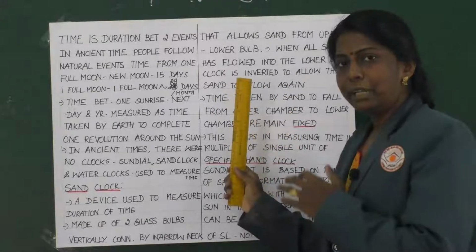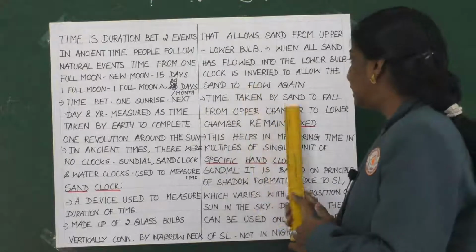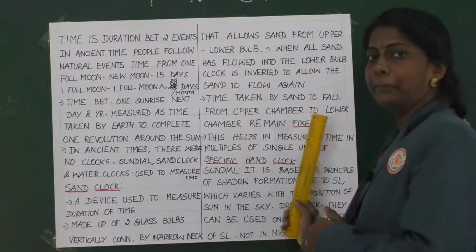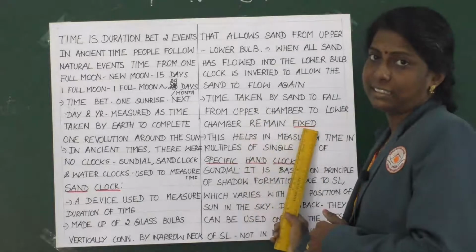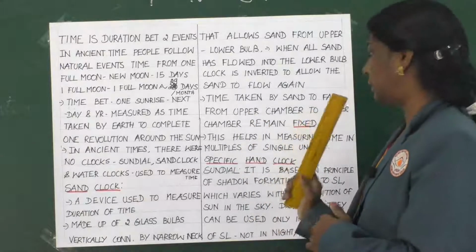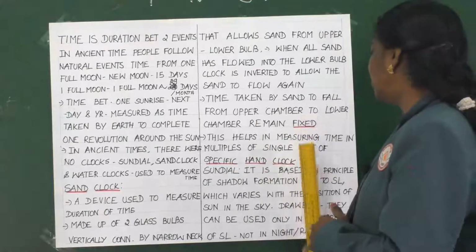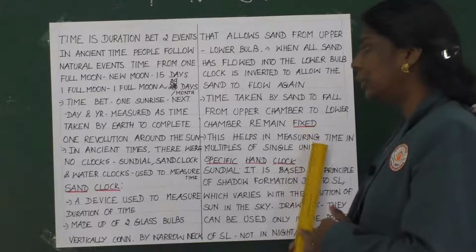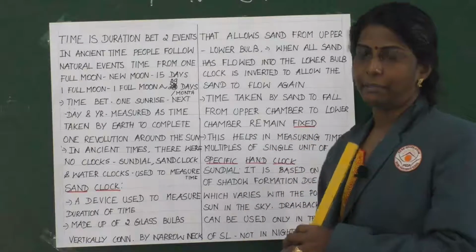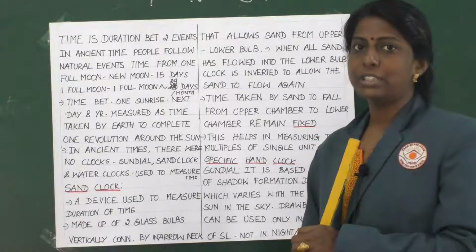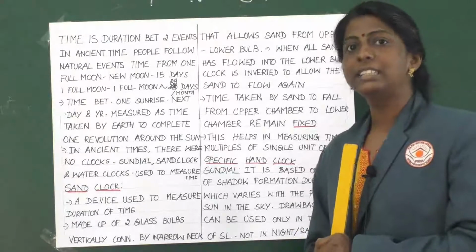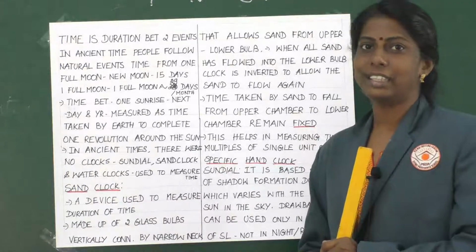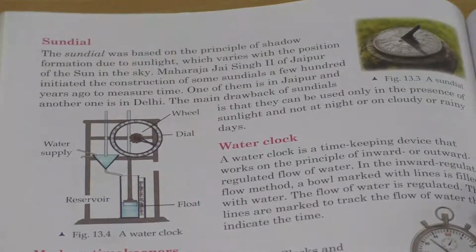So here the time taken by the sand to fall from the upper chamber to the lower chamber remains fixed. So this helps in measuring time in multiples of a single unit of time, that is the sand clock. So this is how you measure the time using the sand clock. Clear children? Yes.